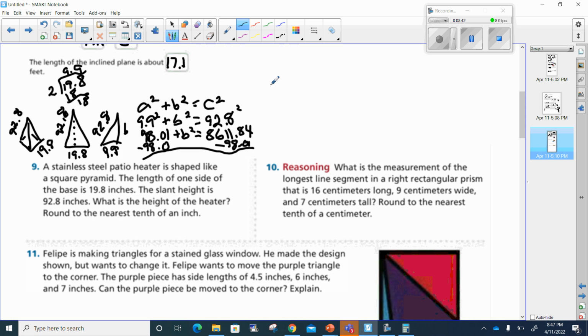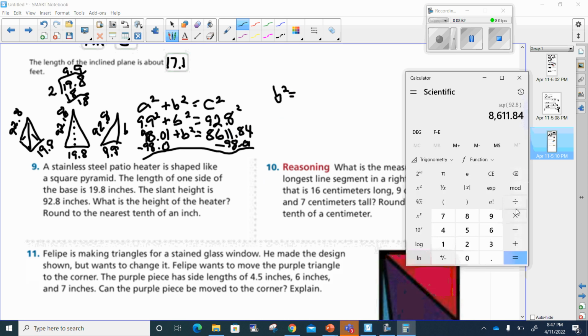I'm going to move this work over here. This means that b squared is going to equal, let's see, we're taking this and subtracting 98.01.